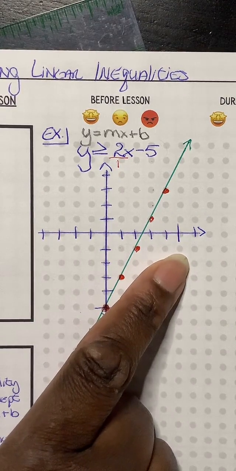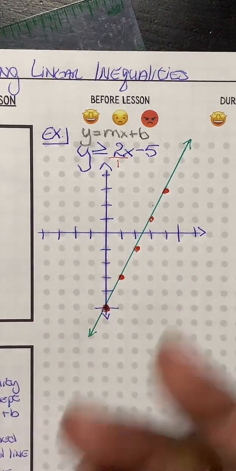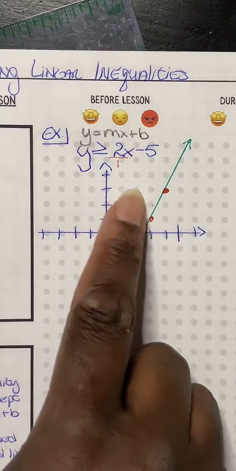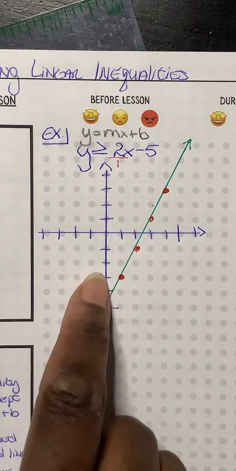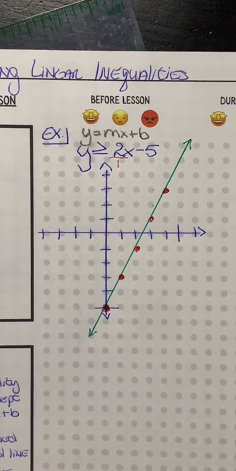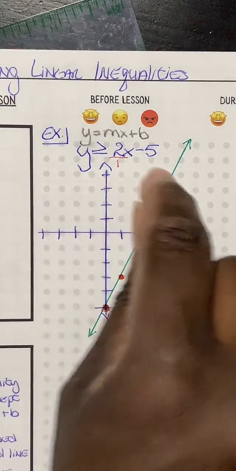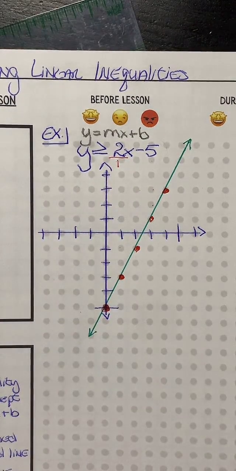Now, when you do this, maybe I'm lazy, I don't want to have to pick each and every single solitary point that's going to satisfy that. Instead, you do what's called shading.